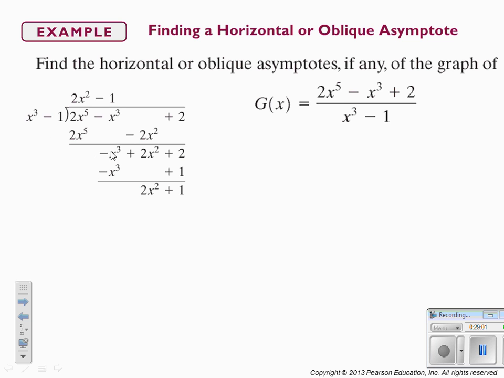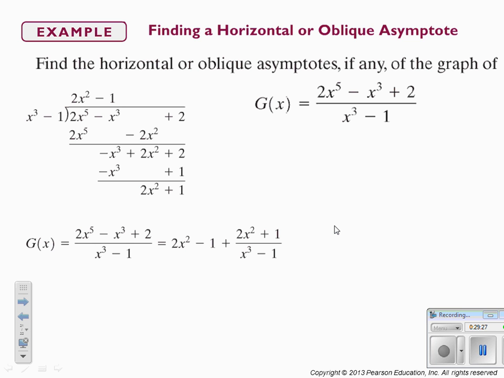Then I go, what times x to the 3rd will give me negative x to the 3rd? That is a negative 1. So then I get negative x to the 3rd. Negative 1 times negative 1 is positive 1. And then I change the sign. This is a plus. This is a minus. This becomes 0, 2x squared, and 2 minus 1 is 1.